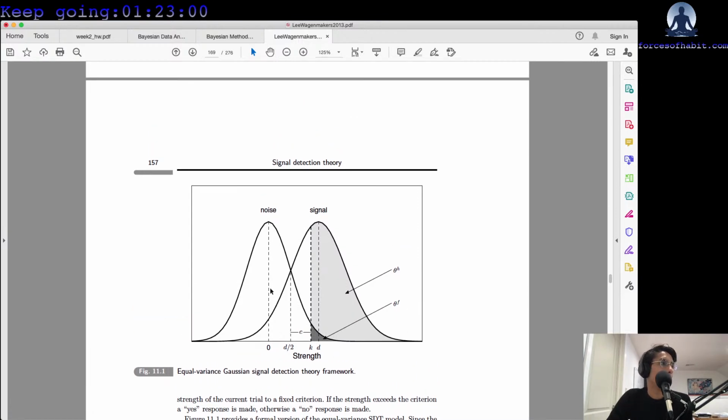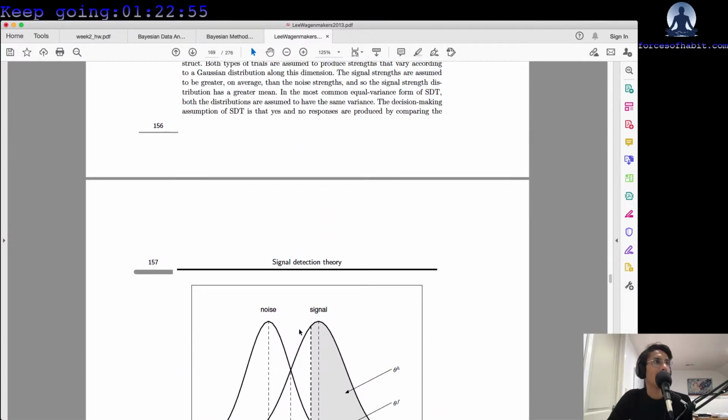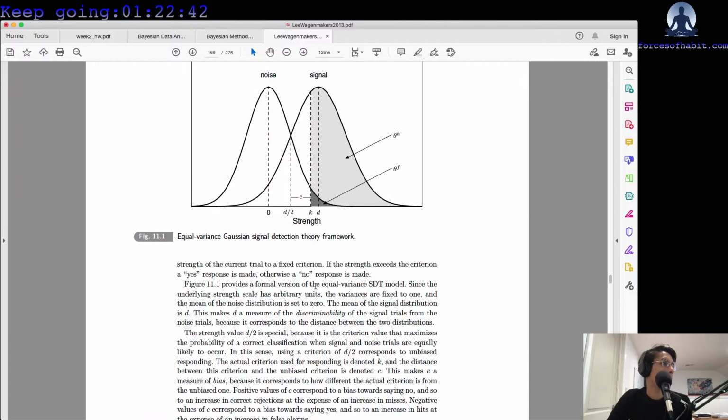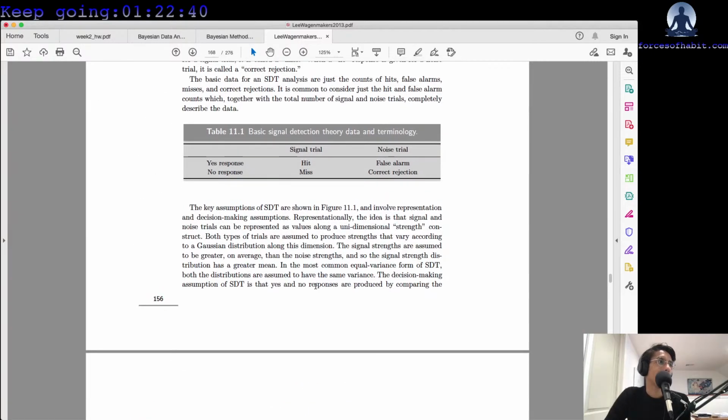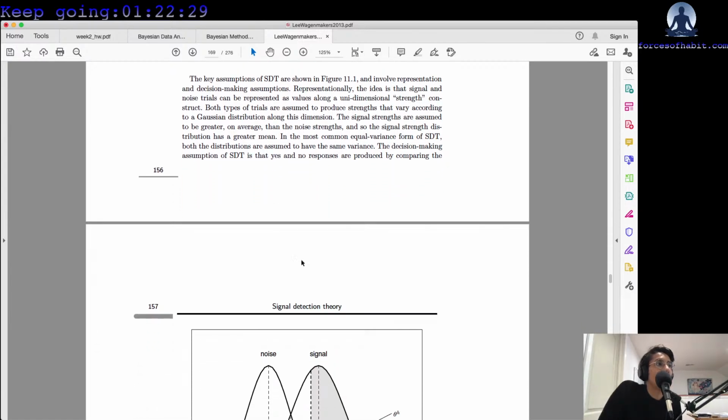And as someone answers a question, they're, in theory, referencing some decision criterion related to what is representative of noise and what's representative of signal, I think. So the strength of signals are assumed to, on average, be greater than noise strengths. So that's one feature. In the standard model, we assume equal variance between the signal and noise distributions.